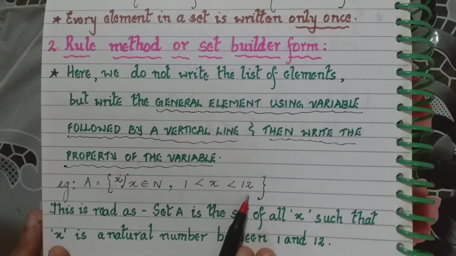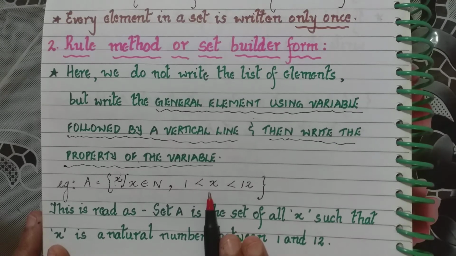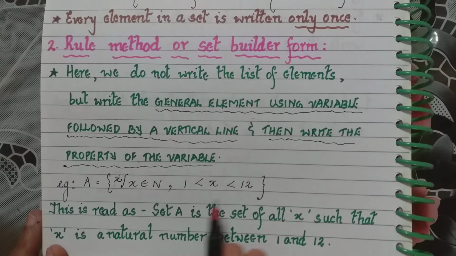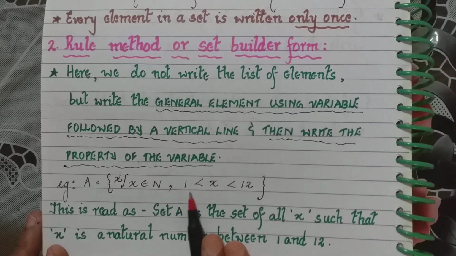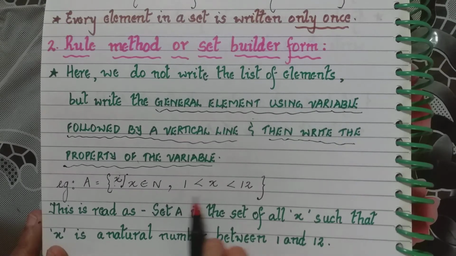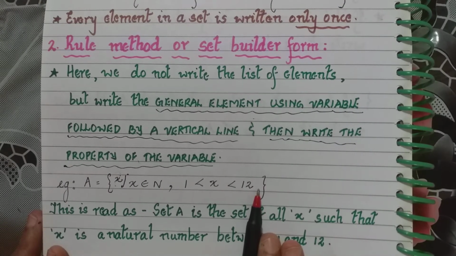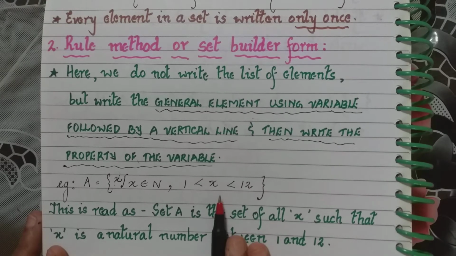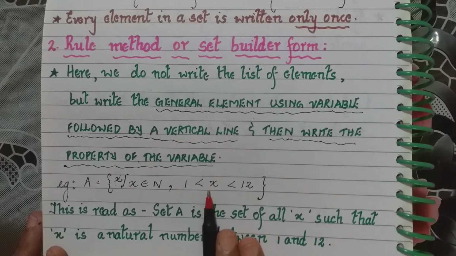Also there is one more condition which is binding on x. What is that condition? That is x lies between 1 and 12. So if we have these symbols here, it means that x is lying between 1 and 12. If it lies between 1 and 12, what are the values x can take, or what are the elements in this set? After 1 we have 2.